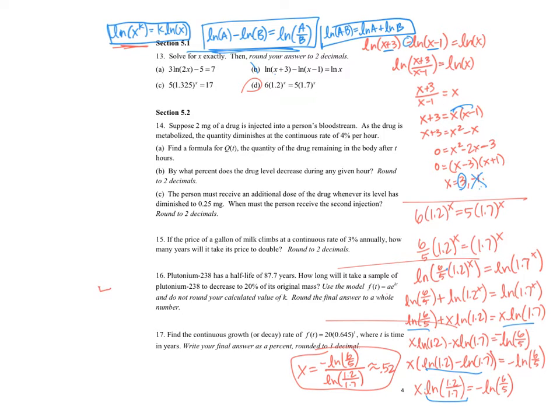The drug is metabolized, so the quantity diminishes at the continuous rate of 4% per hour. Since it says continuous, I'm going to use a model that involves e, and it's diminishing, so it'll be a negative rate. So Q of t is going to be my initial amount, which is 2, e to the negative 4%.